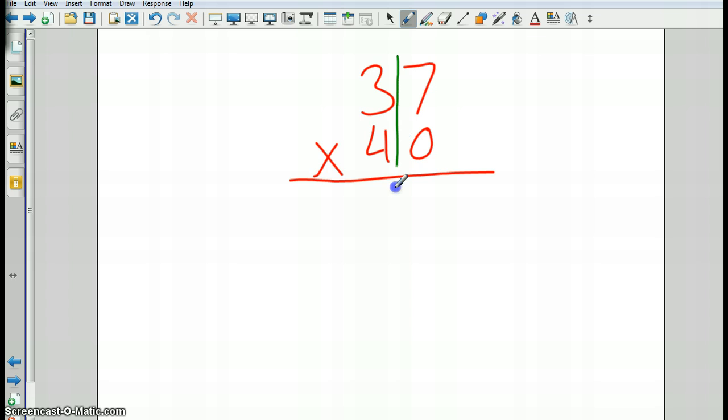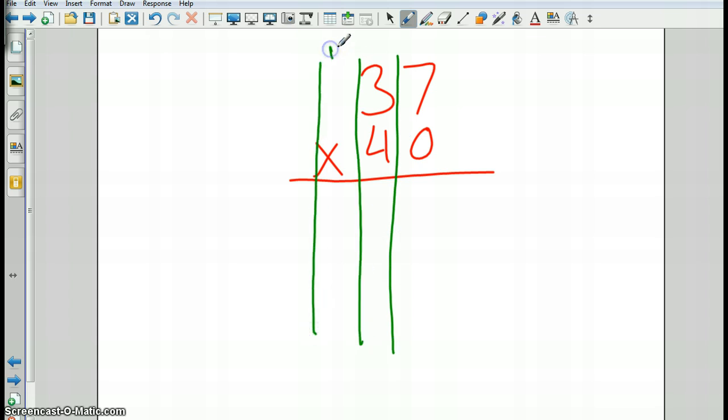Again, take my lines and separate tens, hundreds, and ones. I start out with 4 tens times 3 tens, or 40 times 30, which would be 4 times 3 is 12, so that's 10 times 10 is 100, so the 12 goes in the hundreds place, and I have my 2 zeros to hold that place.